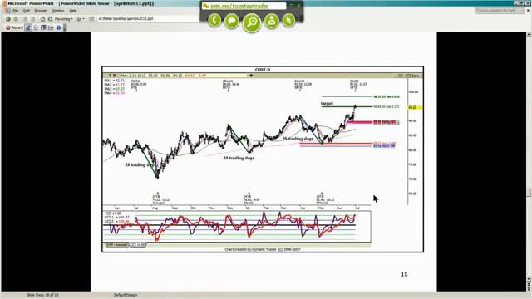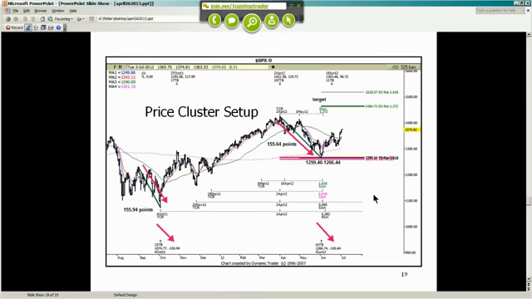Okay, now let's check out a few more here, and then I'll see about taking some questions. There are things that you can see by applying this work that a lot of other people will not see. So in this example of S&P cash, this was a price cluster setup.